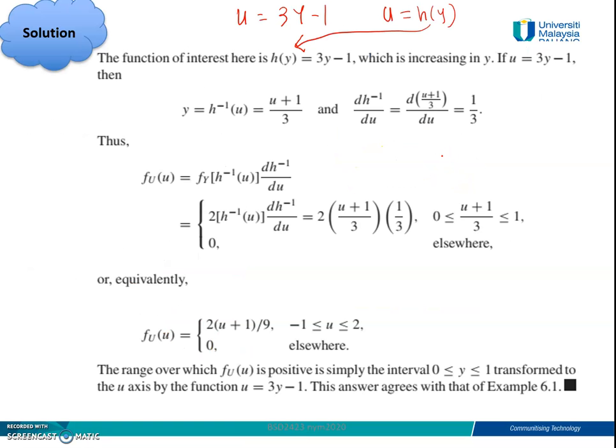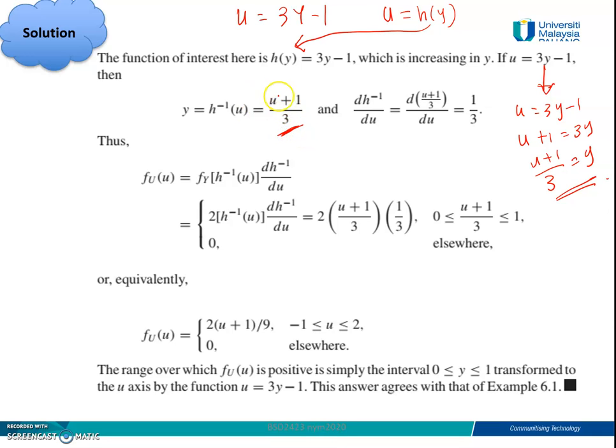If u equals 3y minus 1, then the inverse function of u is u plus 1 divided by 3. How do you get this? You write y in terms of u: u equal to 3y minus 1, u plus 1 equal to 3y, so y equals u plus 1 divided by 3. So this is the inverse function of u, h inverse of u.